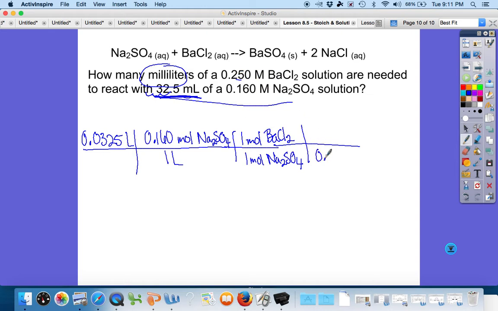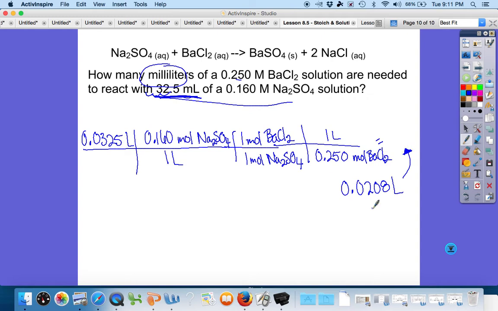So we have 0.250 moles of barium chloride per 1 liter. So we need to take 0.0325 times 0.16 and divide it by 0.25, which is going to give us 0.0208 liters.